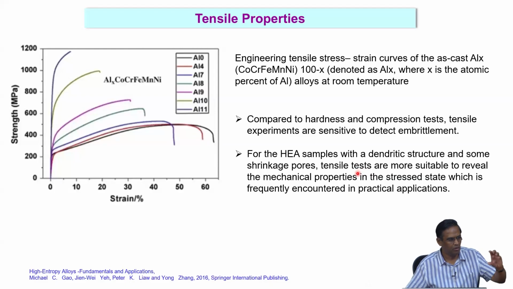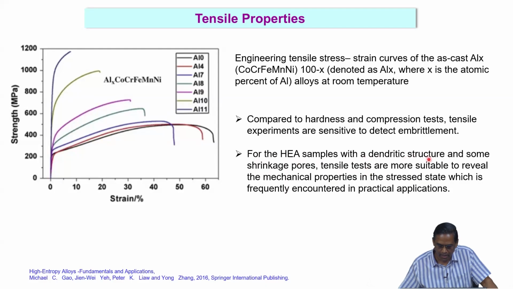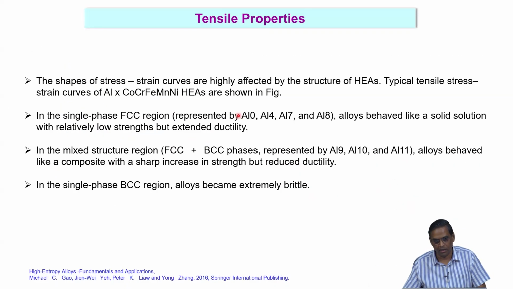But in compression, you always try to close the pore, void, or defect. You are not producing any tensile stress at the interface of the defect and the matrix. For the high entropy alloy sample with the dendritic structure and some shrinkage pores, tensile tests are more suitable to reveal the mechanical properties in the stressed state, which is frequently encountered in practical applications.